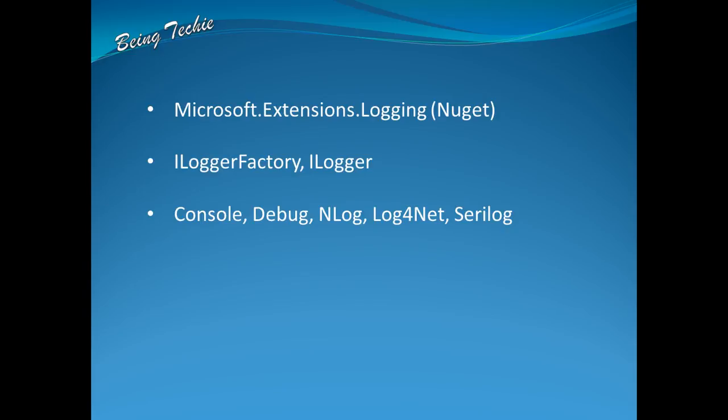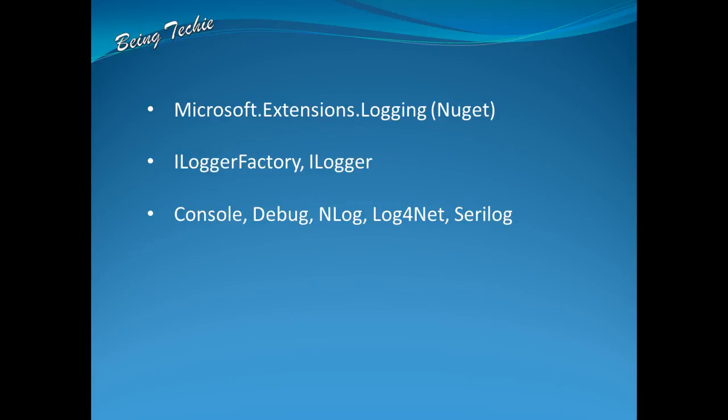Each one is defined in a separate NuGet package. In this session, I'm going to explain how in an ASP.NET application, for example a web API application, the logger factory and ILogger can be used to log a sample message to a console.